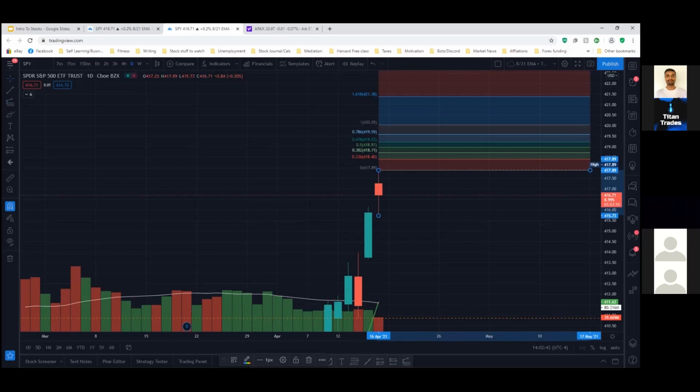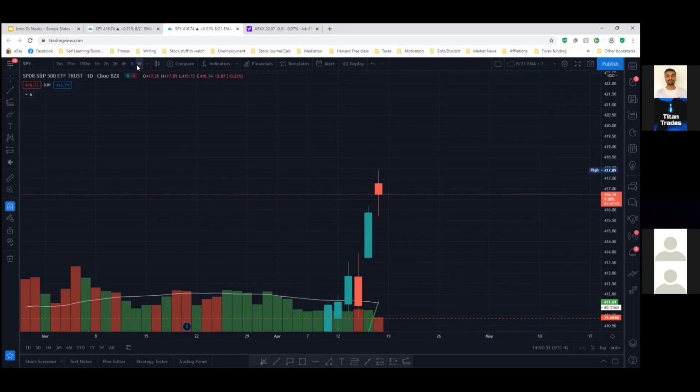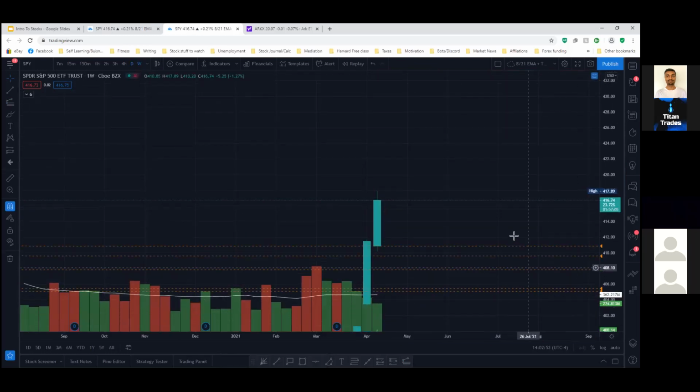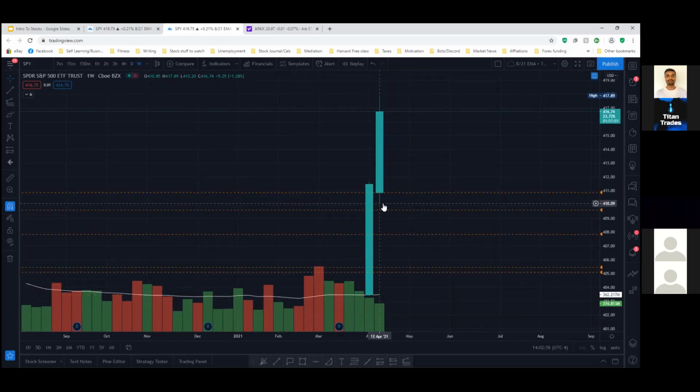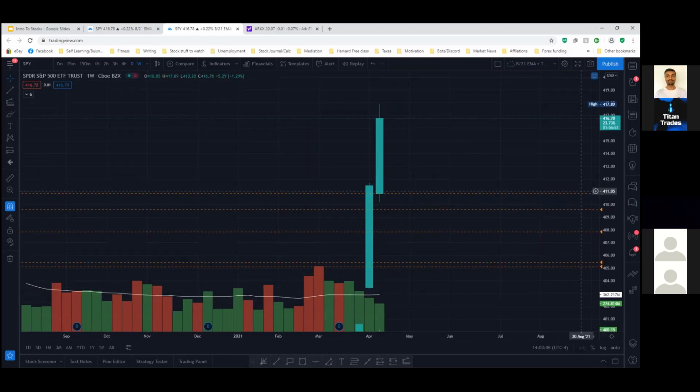Now, if you look at it, the daily levels are a little bit different than the weekly levels. Since you're thinking about the entire week, the weekly has a higher merit than the daily levels, because instead of 415, we're actually charting 410 to 418, right? That's why the larger time frames hold the most merit.